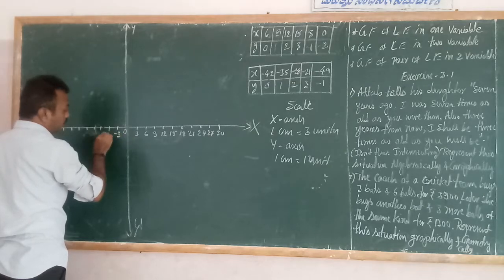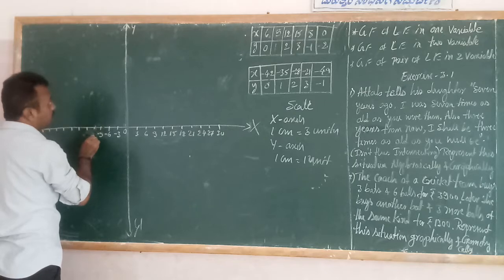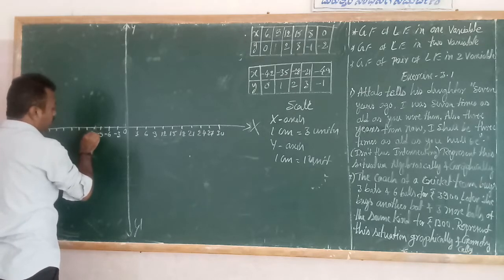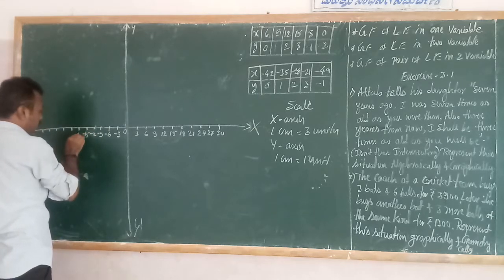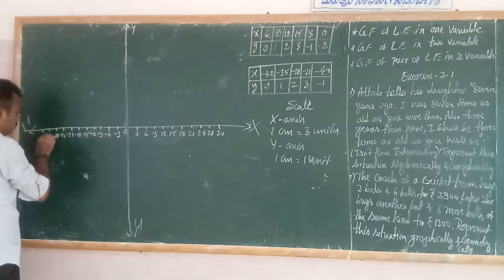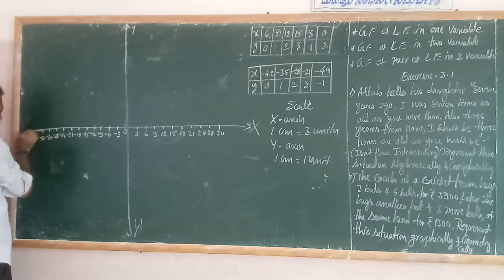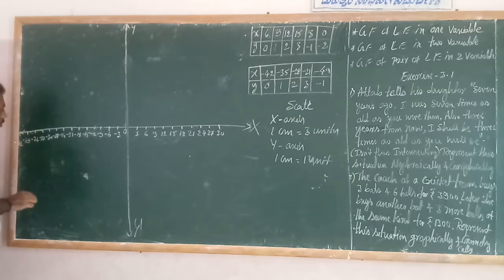On the negative side: -3, -6, -9, -12, -15, -18, -21, -24, -27, -30, -33, -36, -39 and -42. Okay.